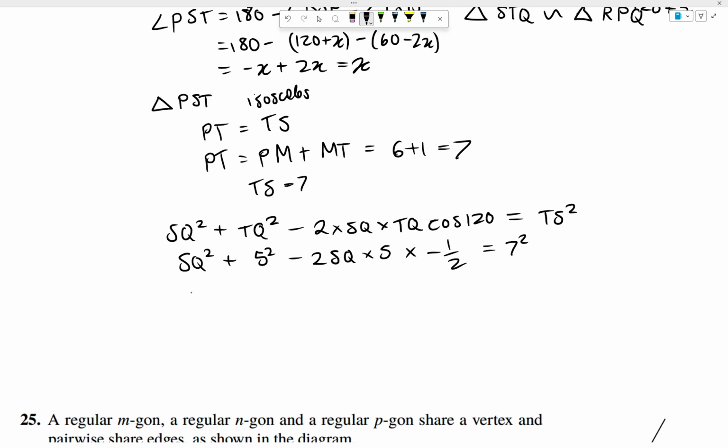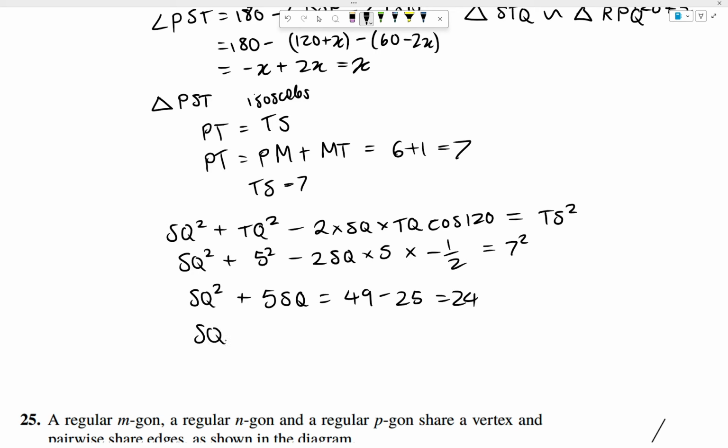Then this will simplify down to SQ squared plus 5SQ is equal to 49 minus 25, which is 24.